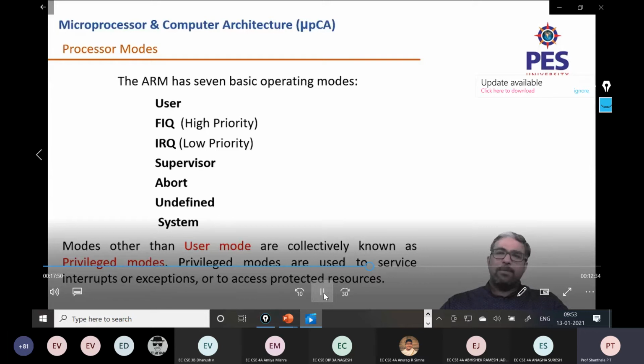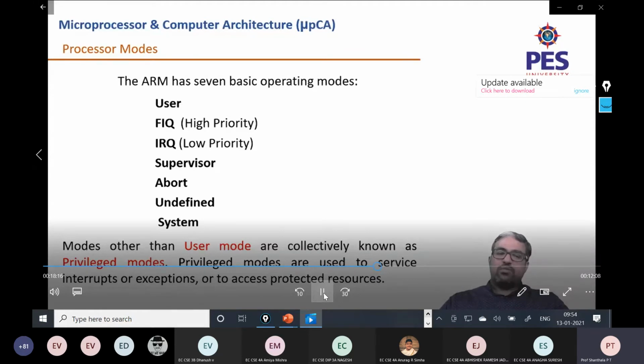The system program comes for execution with high priority or low priority, or to abort the processor, or to handle undefined instructions, and there can be some system operations which need to be executed. We'll discuss this later, right?